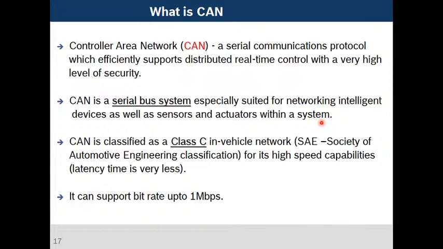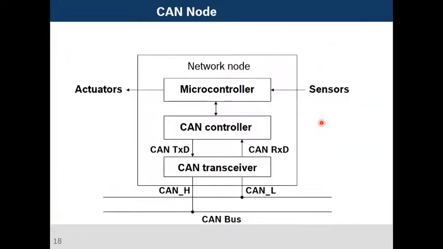Now CAN FD is available, and recently we also have CAN XL, an upcoming protocol. Currently automotive Ethernet is ruling the automobile industry, but CAN is still a highly used protocol in the automotive industry.